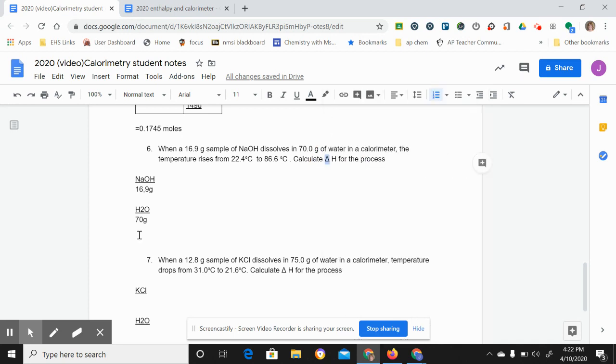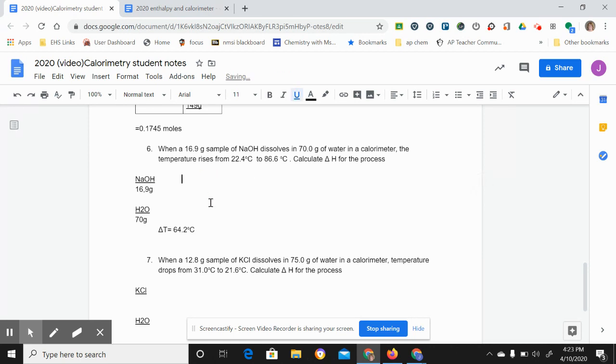Delta T equals 64.2 degrees C. For some reason, I keep on hitting the comma instead of the period there, ladies and gentlemen.